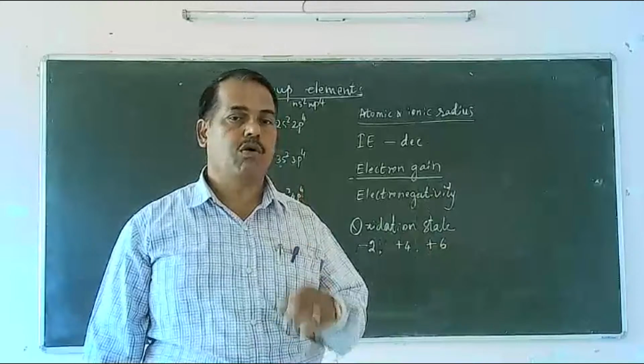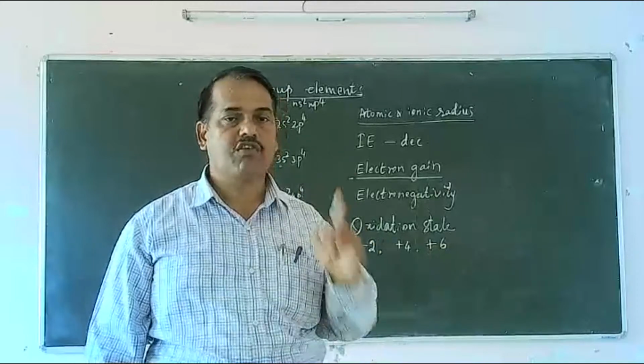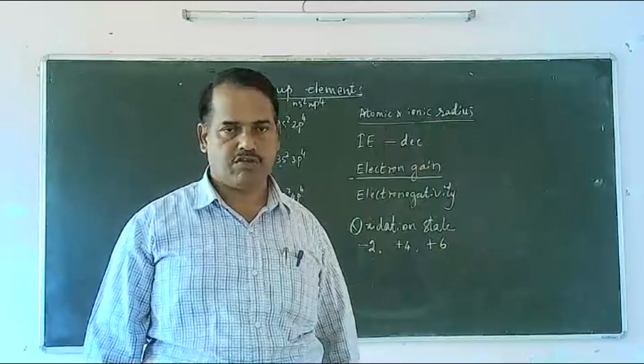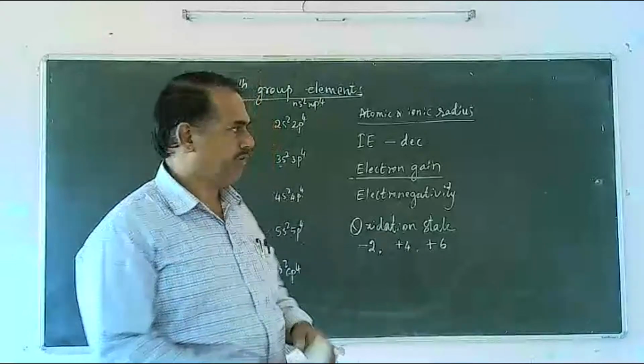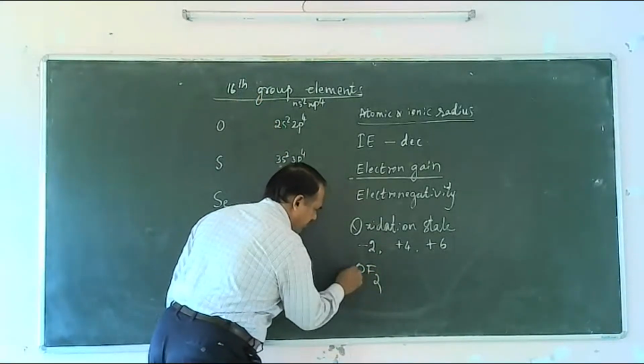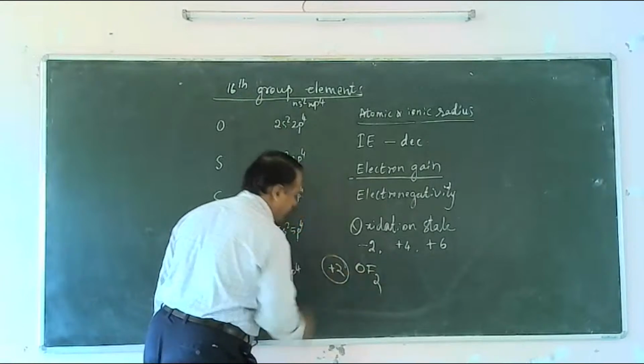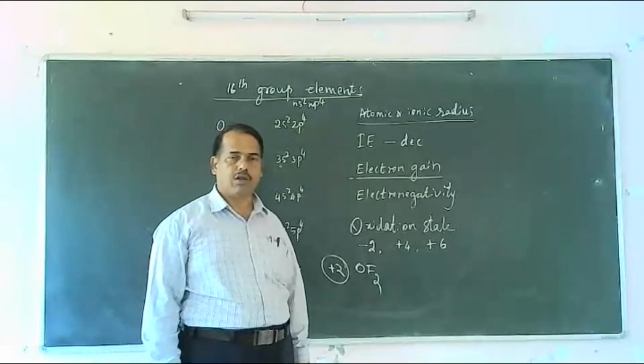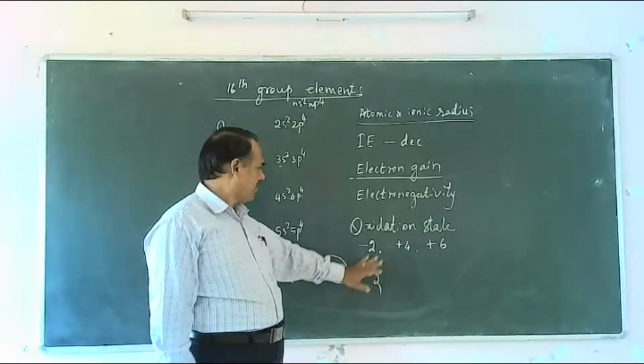Except with fluorine, with all other elements oxygen shows the -2 oxidation state. This was studied in the first phase. In OF2, oxygen is in the +2 oxidation state. Are you clear? You study this.